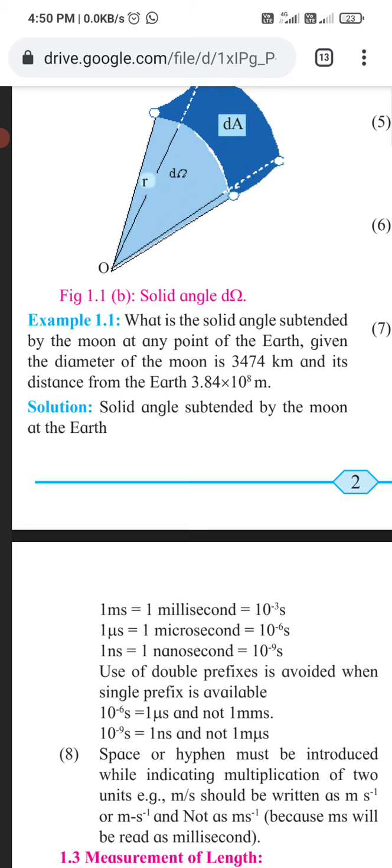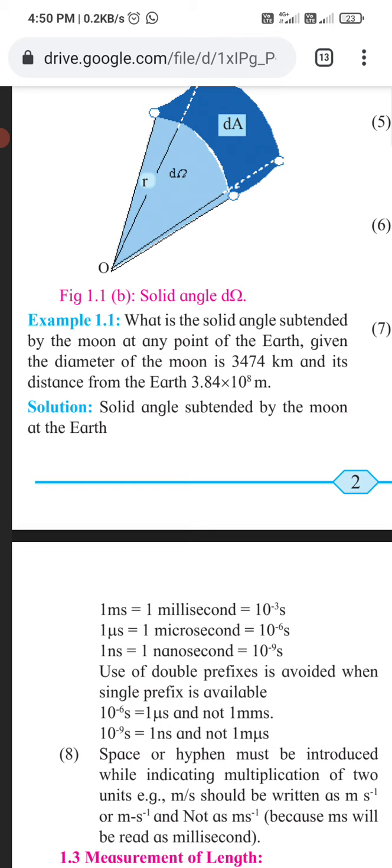Use of a double prefix is avoided when a single prefix is available. 10^-6 s is equal to 1 microsecond, not 1 mmicros. 10^-9 s, that is 1 nanosecond, not 1 millimicrosecond.